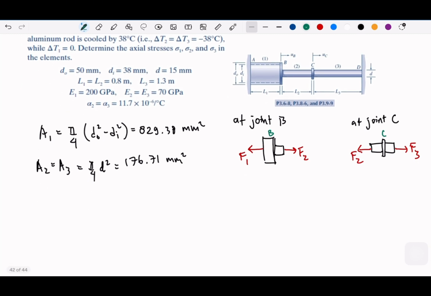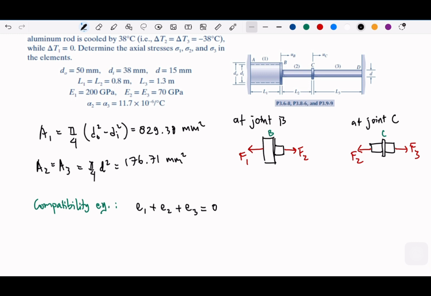And then we can start by taking the compatibility equations. We have three elongations, which is E1 plus E2 plus E3, because we have three elements that are welded all together. Then this will be equal to 0.